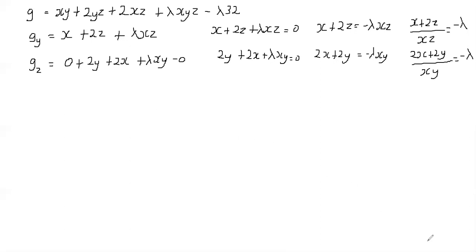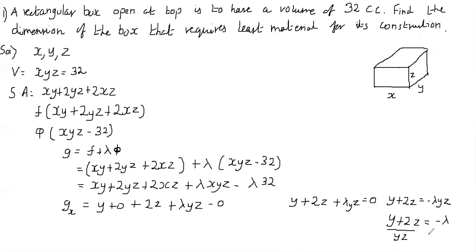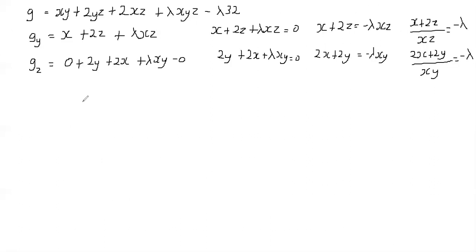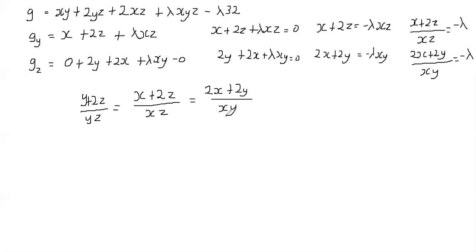What was the first equation, y plus 2z by yz, that is equal to the second equation, x plus 2z by xz, and the third equation, 2x plus 2y by xy. So what we have to do, we have to take any two equations and solve. So let's take the first two equations.